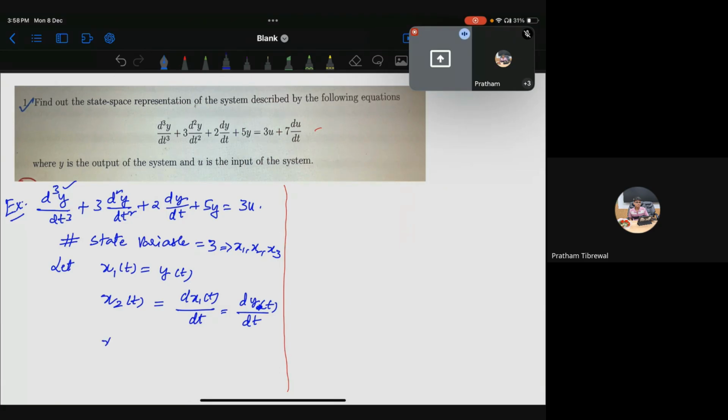The third state variable is x3 of t equal to dx2 of t by dt, that means d square y of t by dt square. This is how we will proceed in increasing order of derivatives.